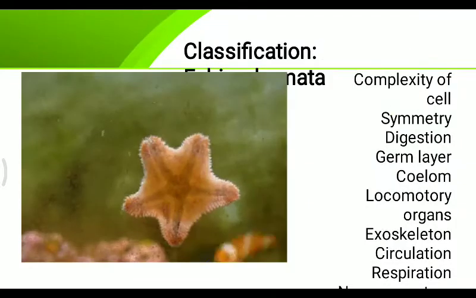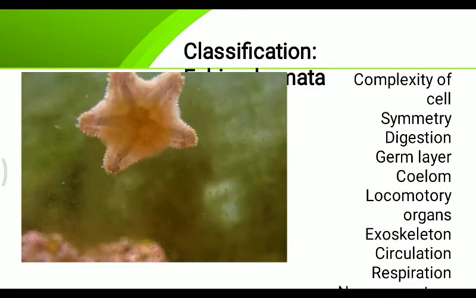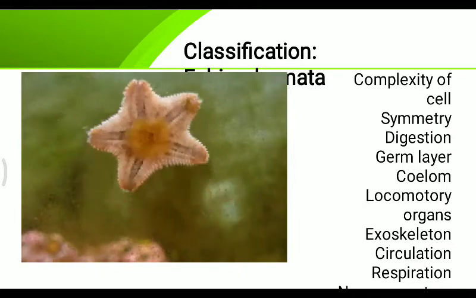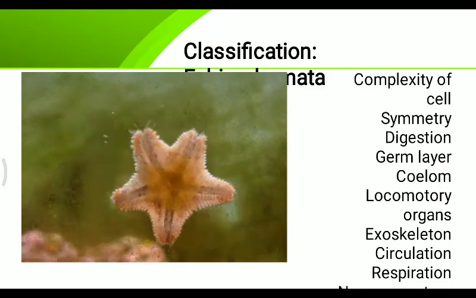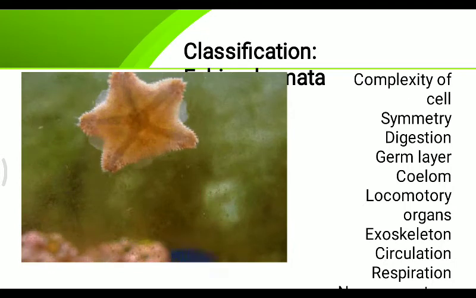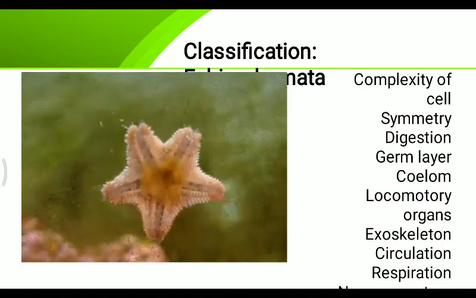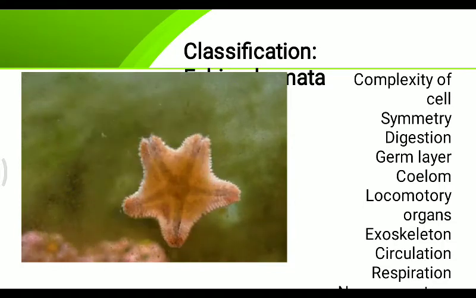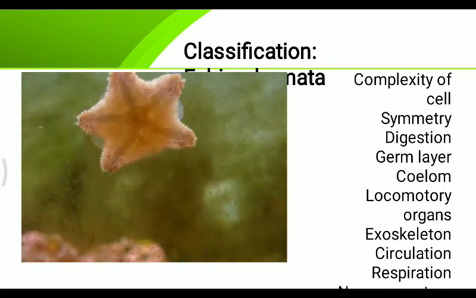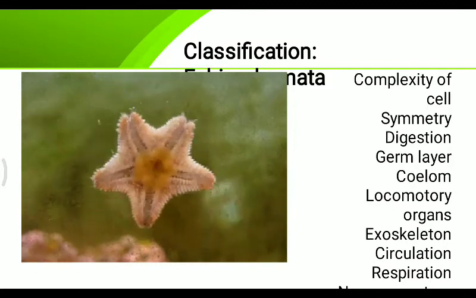And then here comes the Echinodermata. Actually, I tried to put the Echinodermata in the above line, but I don't think it wants to stand over there. The known example is the starfish. What is unique for this? You take an example of starfish, sea urchin, brittle star, or sea cucumber. All these are animals with pentameric symmetry.